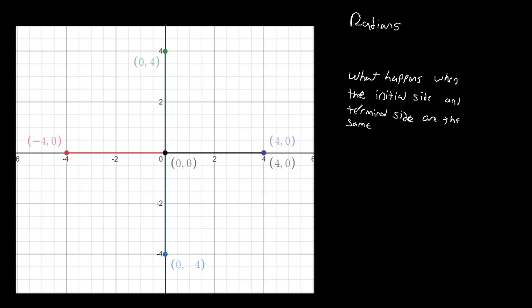This is how we laid out the idea of degrees: when the initial side and the terminal side were the same, we defined that as 360 degrees. We can do the same thing with radians. We can define this angle from the x-axis initial side going all the way around back to the x-axis as the terminal side as 2 pi.